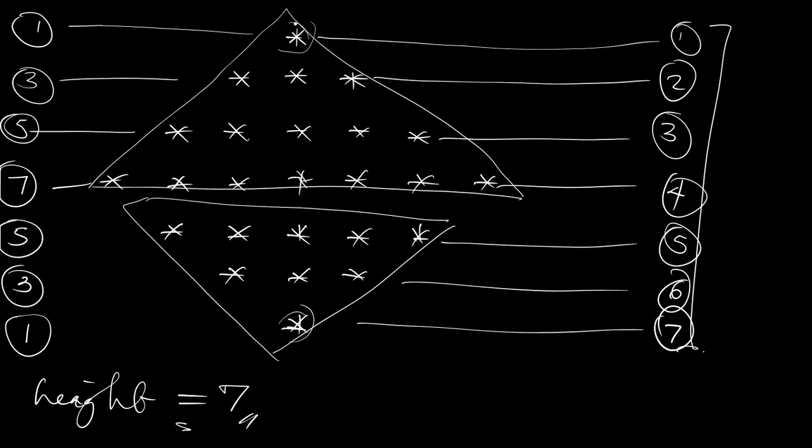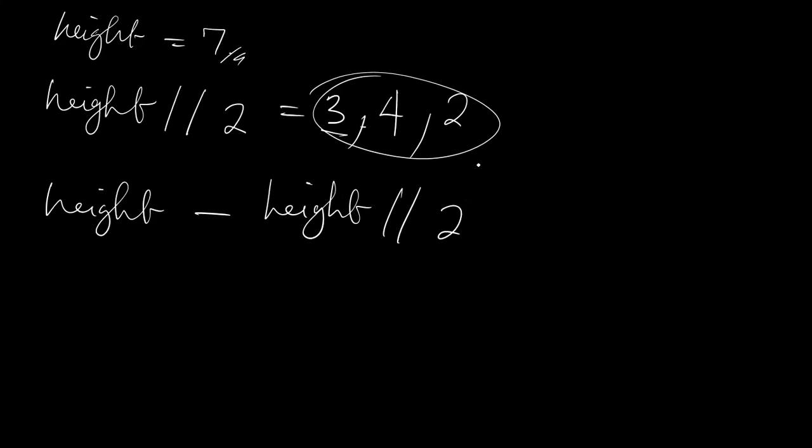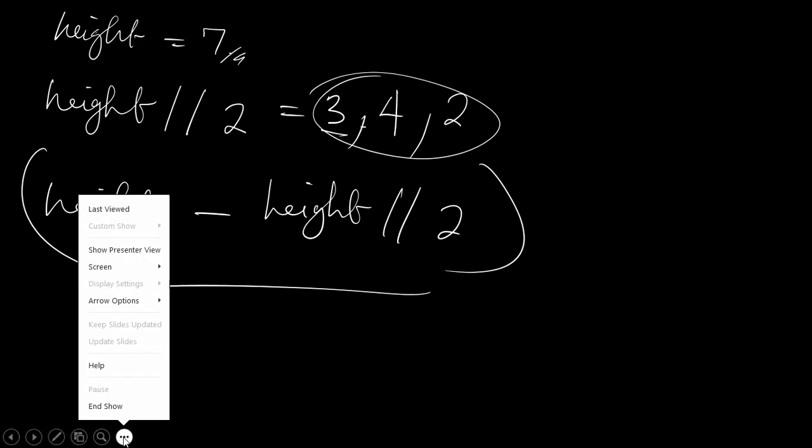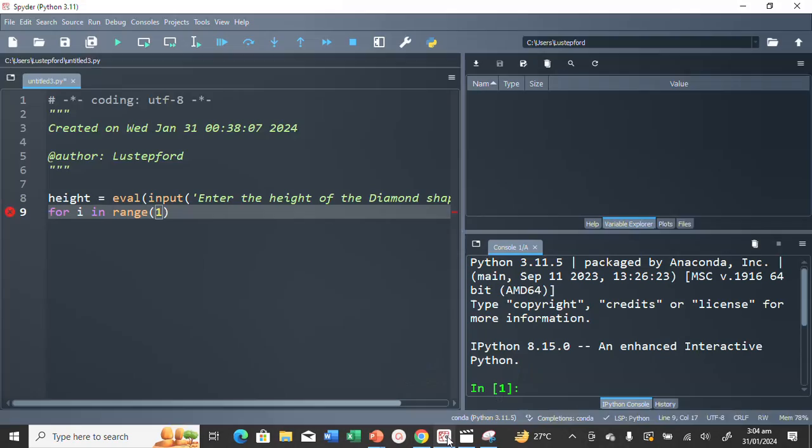So for us to get this number of rows that we're going to input into that range, the formula we're going to use is height minus height divide by 2. So let's go back to that program again.